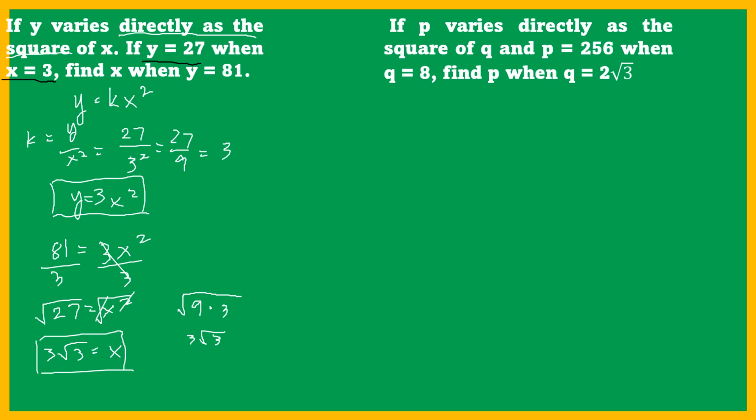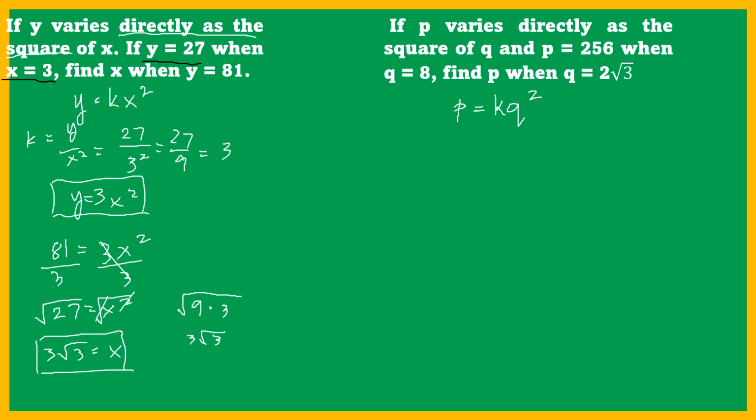Okay, so let's say we have another problem. If p varies directly as the square of q and p is equal to 256 when q is 8, find p when q is equal to 2 square root of 3. Okay, so in this case, we are going to determine first the standard form of the equation of variation, which is, in this case, p varies directly as the square of q.